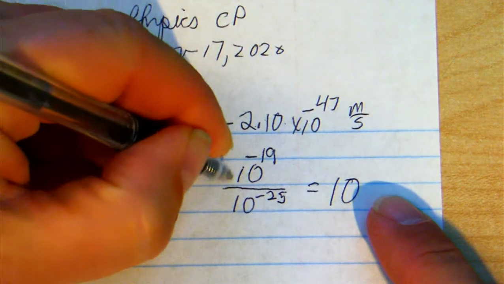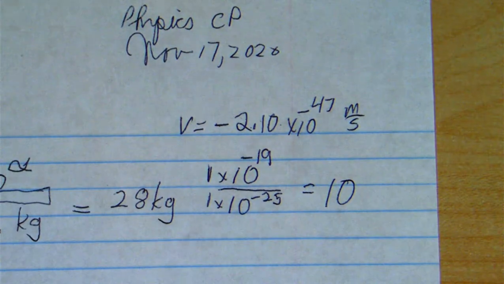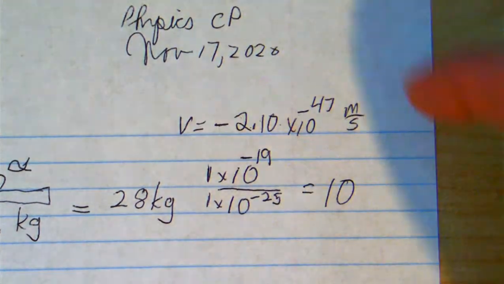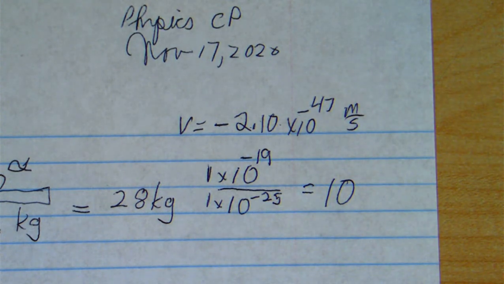If this was 1 times 10 to the negative 19th, this was 1 times 10 to the negative 25th. 10 to the negative 19th over 10 to the negative 25th power should be 10 to what number, Josh?